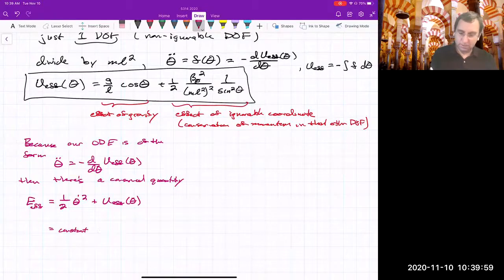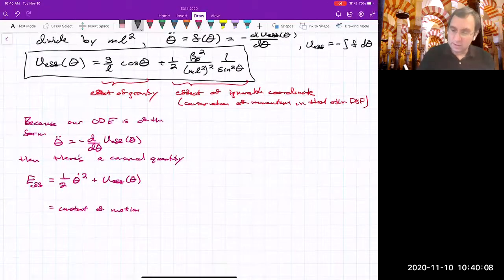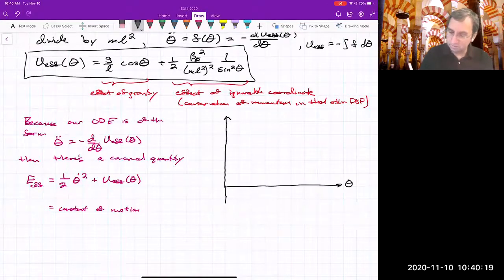So that means based on the initial conditions, this thing is constant. So we can now plot a schematic of theta and the effective potential. So here's theta.